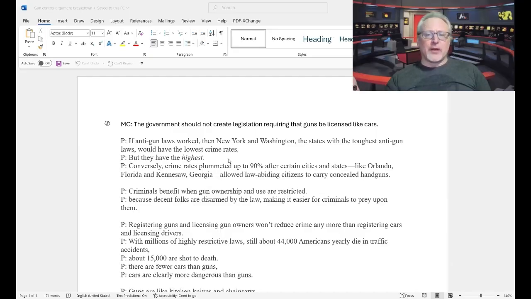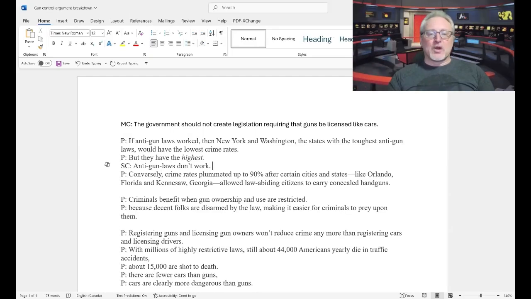Or rather, I should say, let's try filling it in and see if we think that makes sense as a subordinate argument. Okay, so I think I forgot to say that here, since it's if A, then B, not B, therefore not A, it is if anti-gun laws worked, then the states with the toughest anti-gun laws would have the lowest crime rates.